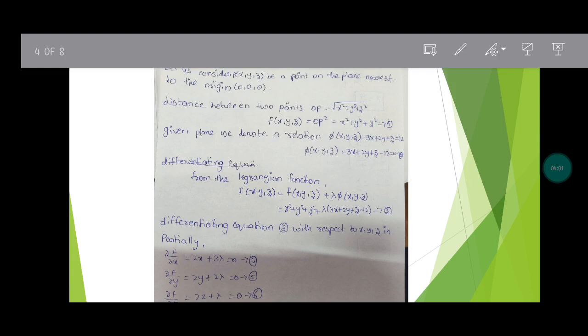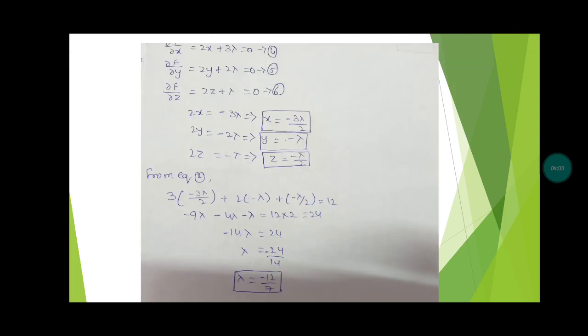Consider it as equation number 6. We can write them as 2x = -3 lambda, that implies x = -3 lambda by 2. 2y = -2 lambda, that implies y = -lambda. 2z = -lambda, that implies z = -lambda by 2.